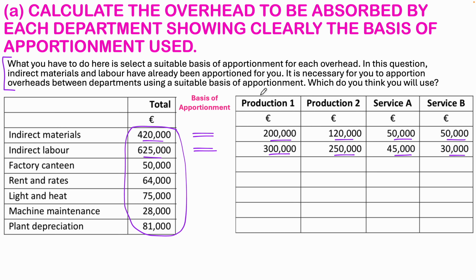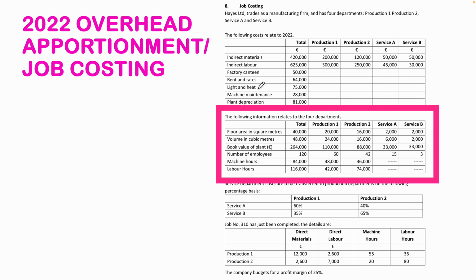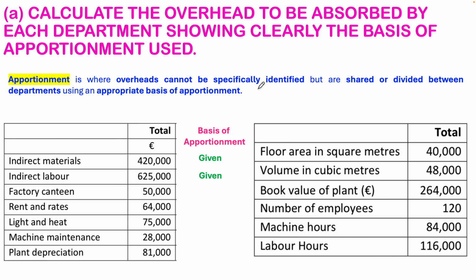Okay, so what we have to do here is select a suitable basis of apportionment for each overhead. In this question, indirect materials and labour have been apportioned for you already. It's necessary for you to apportion overheads between departments using a suitable basis of apportionment. What do you think you will use? Okay, so we're going to look at the second table in this question to decide how we're going to split them up. Apportionment is where overheads cannot be specifically identified but are shared or divided between departments using an appropriate basis of apportionment.